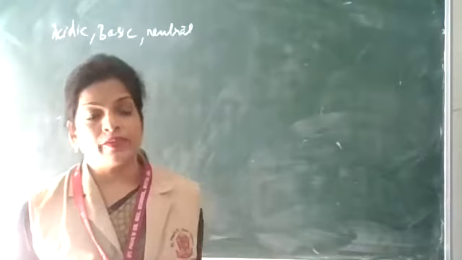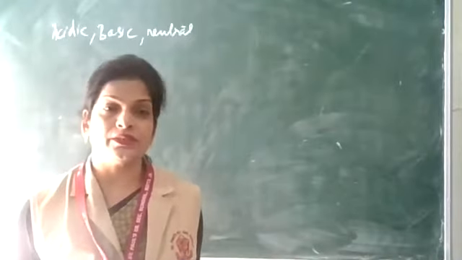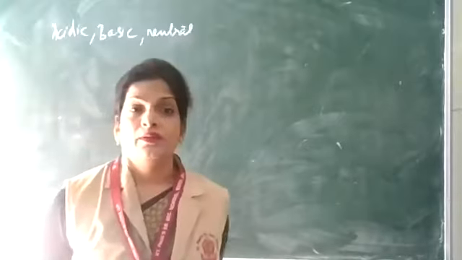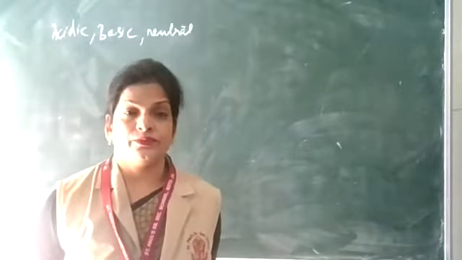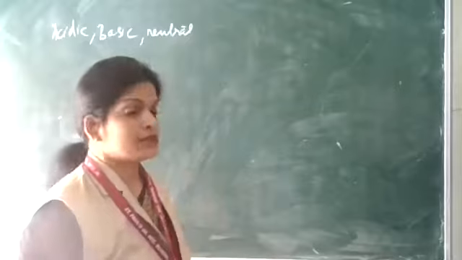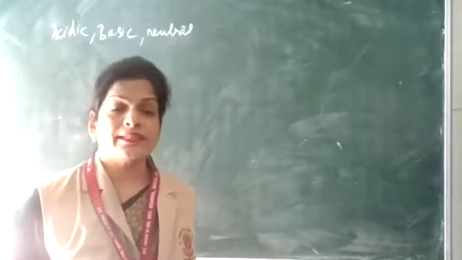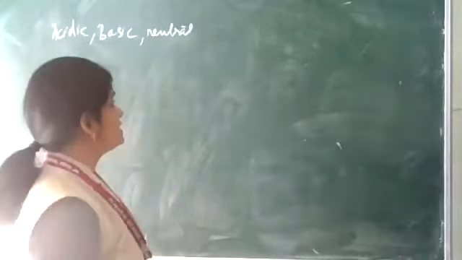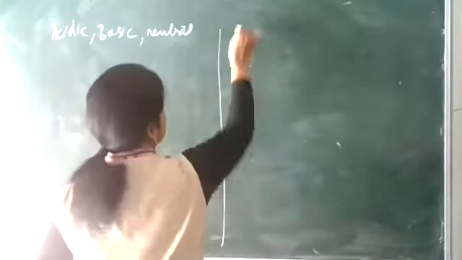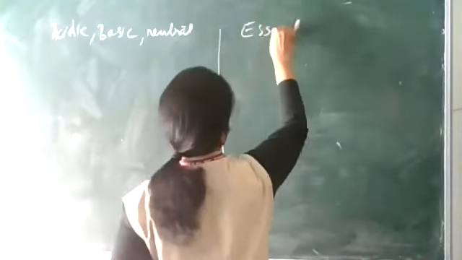If the number of NH2 groups is more than COOH, then basic. When there are equal numbers of COOH and NH2, we say neutral. And another classification is essential amino acid and non-essential amino acid.